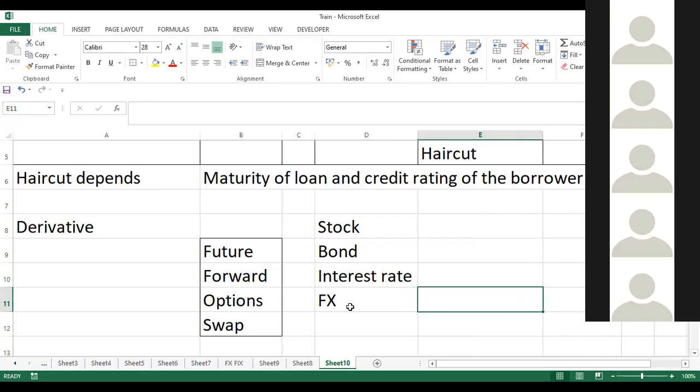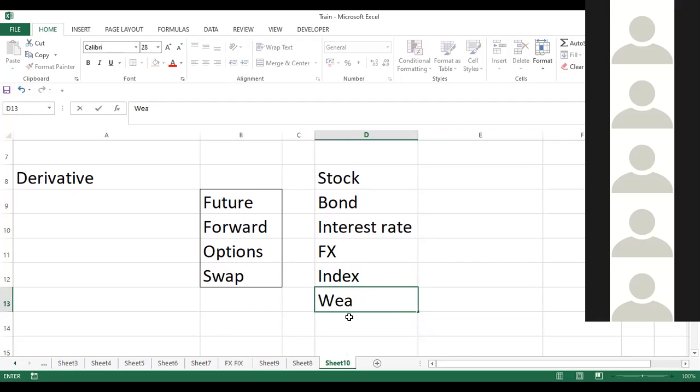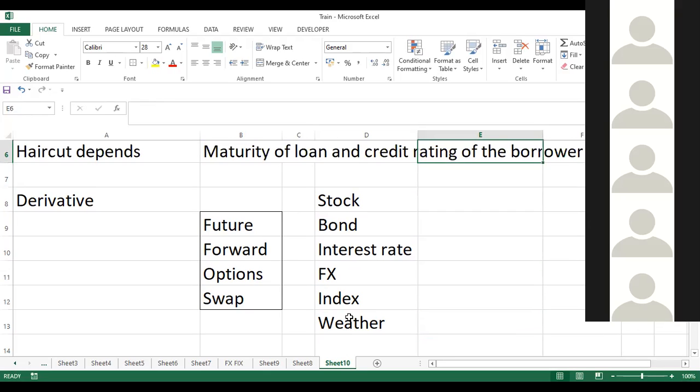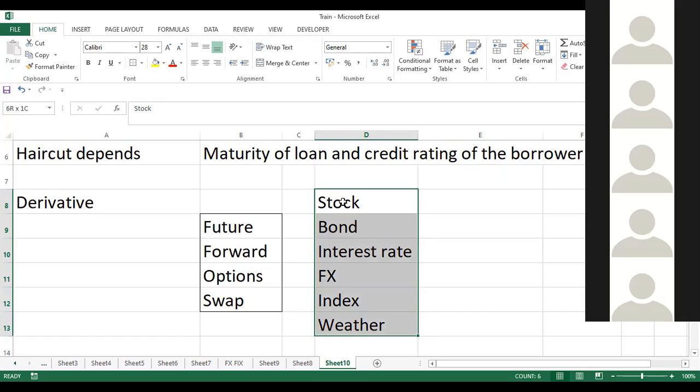Indexes can be too. Underlying can be, at times, weather also. So anything and everything can be the underlying. Derivatives have this beauty wherein you can make even anything and everything the underlying product.